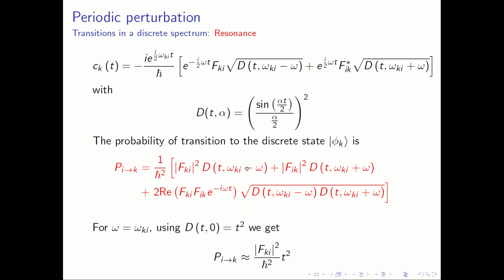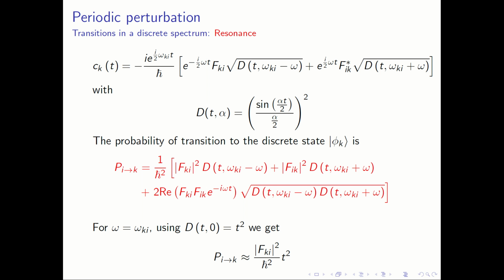So this is a large term, this is much smaller compared to that. So is this, because it's multiplied by a small term. So basically you end up with this as your result, and you end up with fki mod square by h cross square into t square. That's what dt is when the other argument is 0.